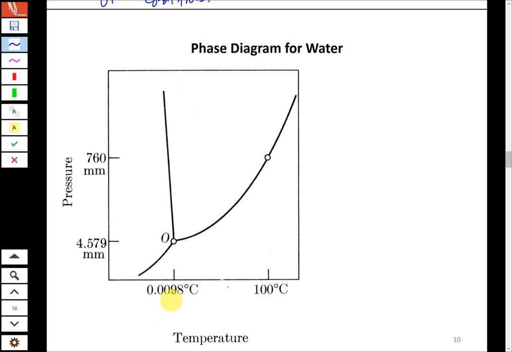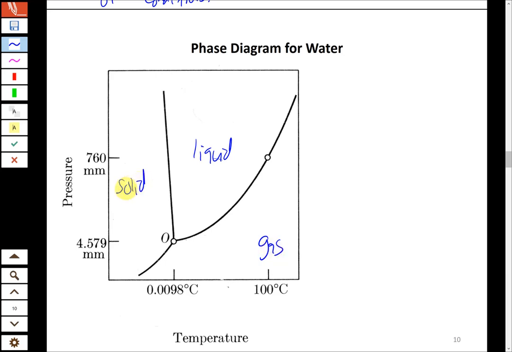So if we go to lowest temperature, furthest to the left, and highest pressure, that would be the solid part of the diagram. All right, because we know if we cool the substance down at the lowest temperatures we get to, it's going to exist as a solid. So all the way on the left is solid, and then as we heat it left to right, going from increasing temperature, we'll have the liquid be the middle part of the diagram, and then gas will be over here. Okay, so those are the three regions.